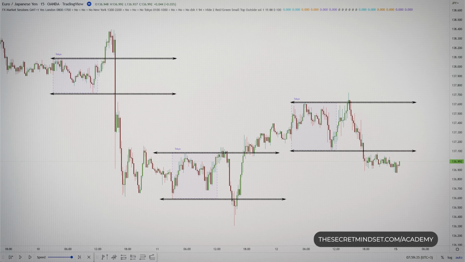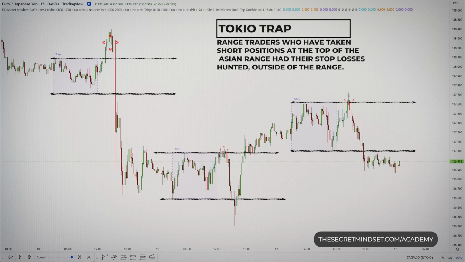If we analyze these 3 consecutive Tokyo sessions, we see an interesting pattern. Range traders who have taken short positions at the top of the Asian range had their stop losses hunted outside of the range. Each time, the market reversed aggressively in the opposite direction.